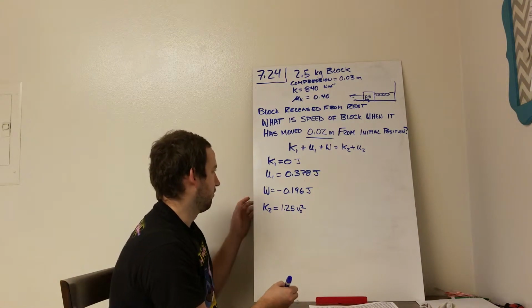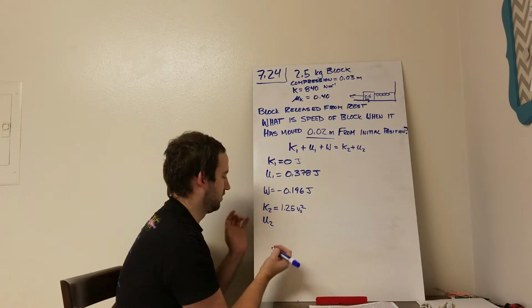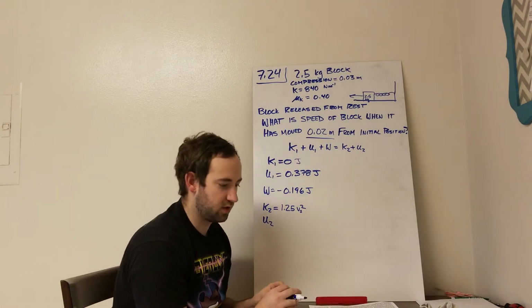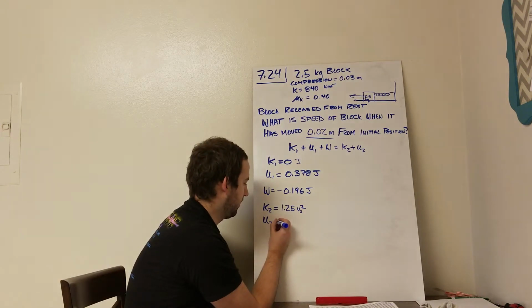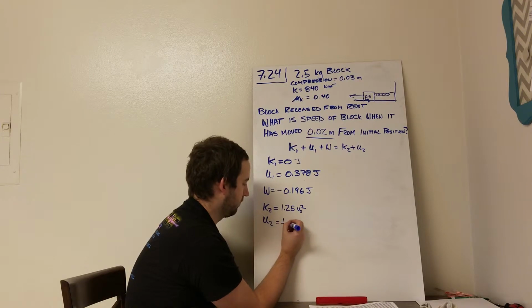So that's good. Now we need U2, which is our final potential energy. So we know that that is going to equal 1/2 k x2 squared.